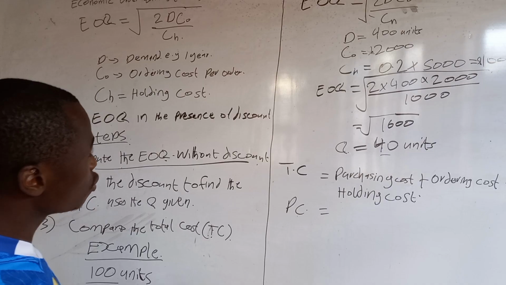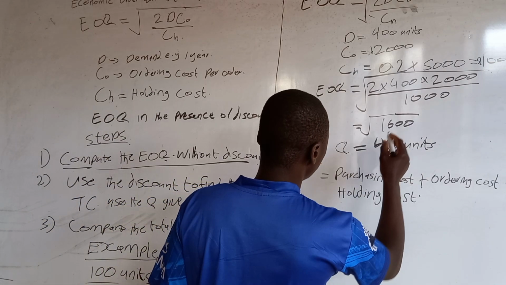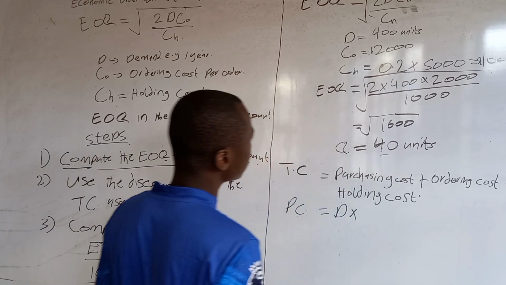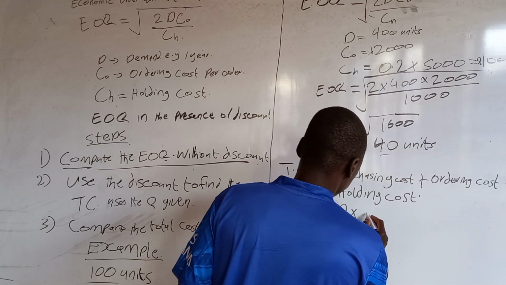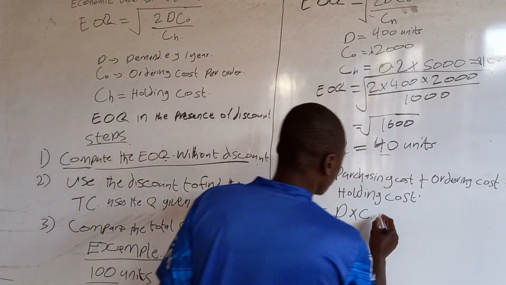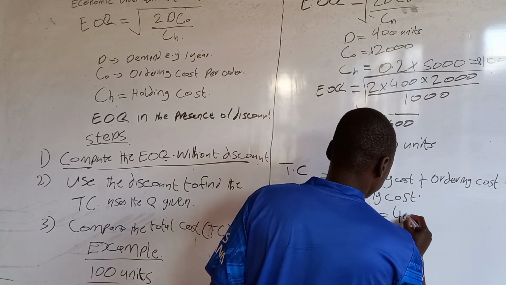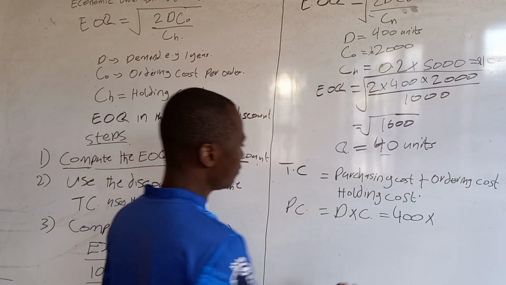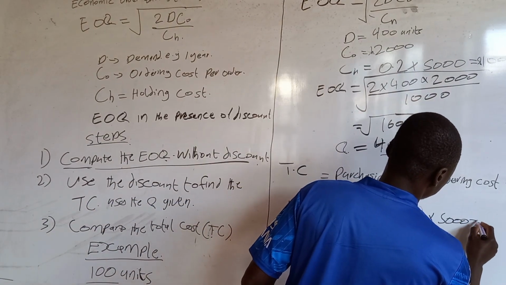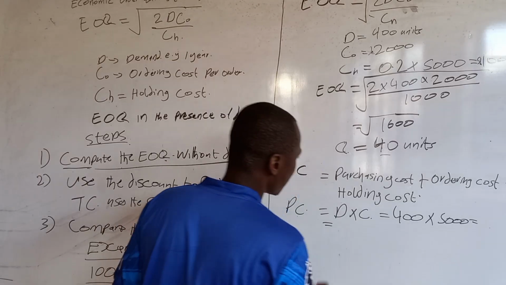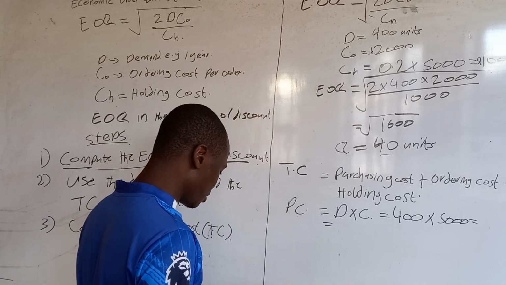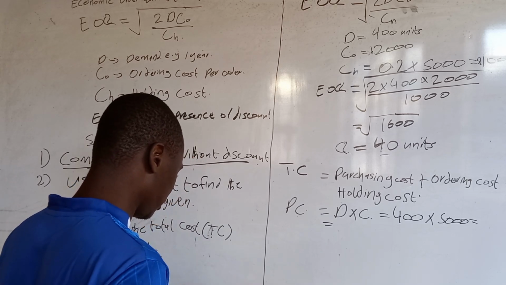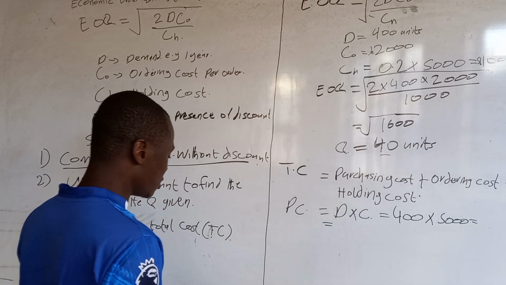Now purchasing cost will be simply the total order, that is D, times the cost, and this will be 4,400 times 5,000, and this gives us roughly around 2 million.